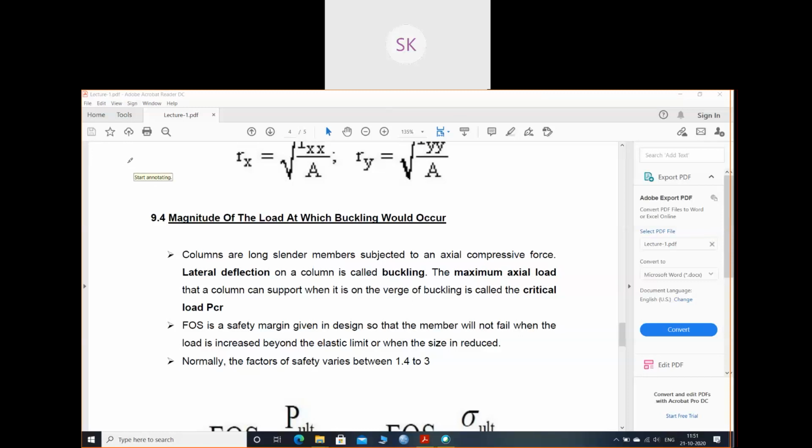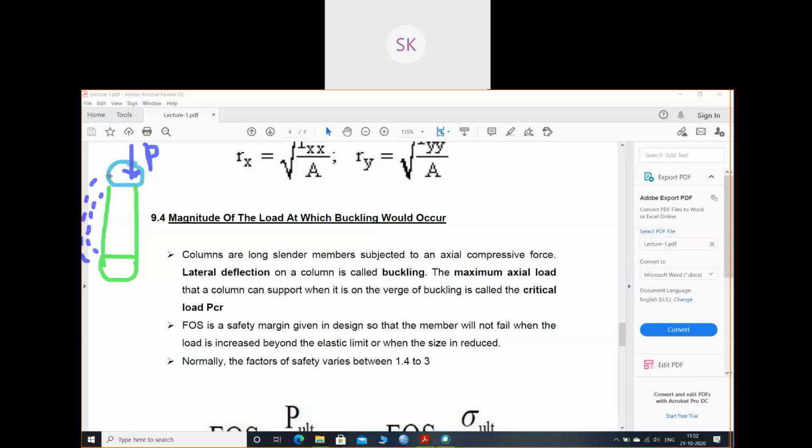This is your column. Then I'm applying a load in this direction. Only axial load I'm applying. So when I'm applying a load, it is getting deflected.